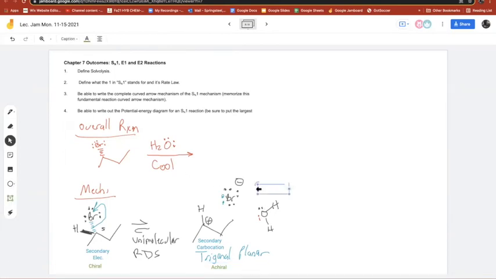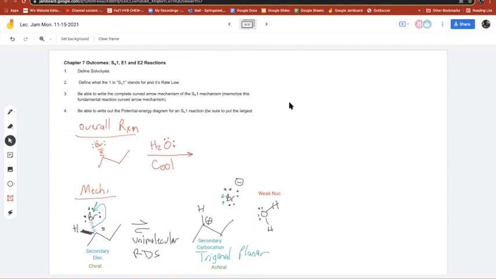Water is a weak nucleophile. It's got no charge. Its oxygen's pretty electronegative. But that's okay in this reaction. We're still going to get a good yield because the carbocation is a very strong electrophile.